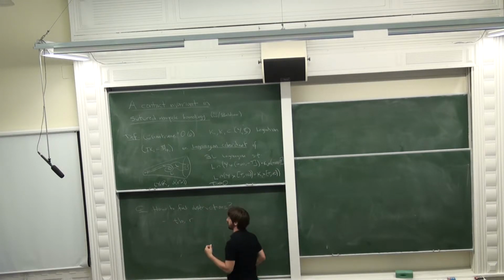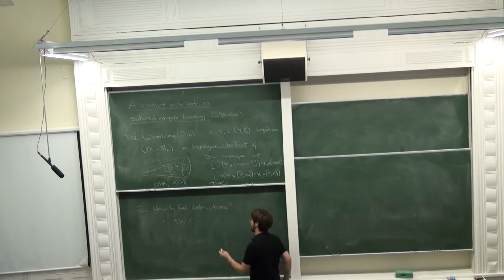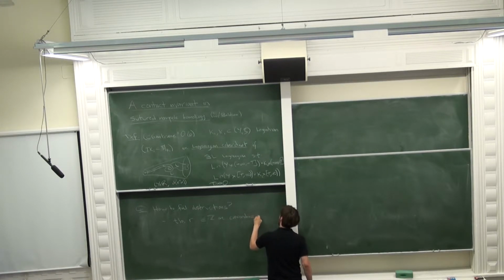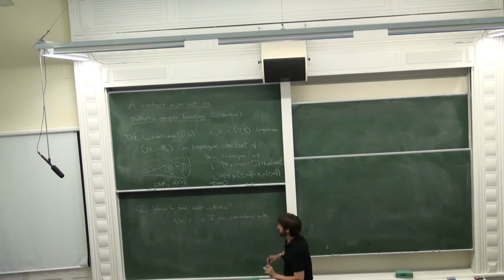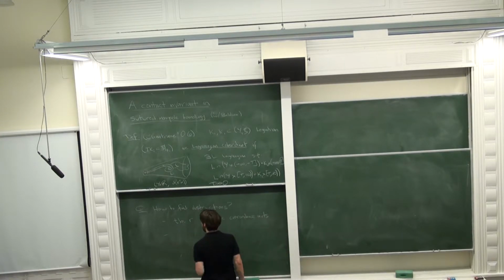Hunt-Ren showed that the classical invariants tb, rot, and r, which are just integer valued, are Lagrangian concordance invariants. If you have a higher genus cobordism, it preserves r, but it drops tb by twice the genus. And you can come up with some other obstructions from the Legendrian contact homology.